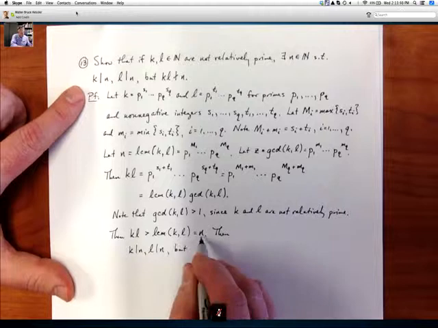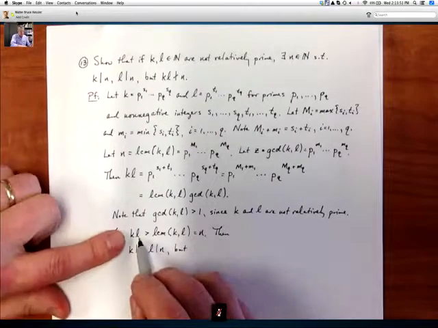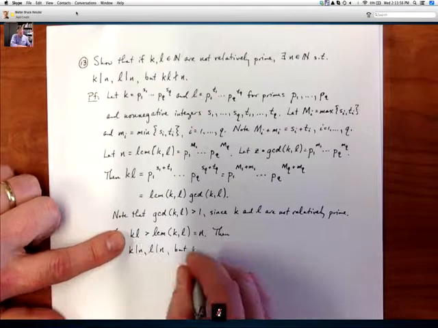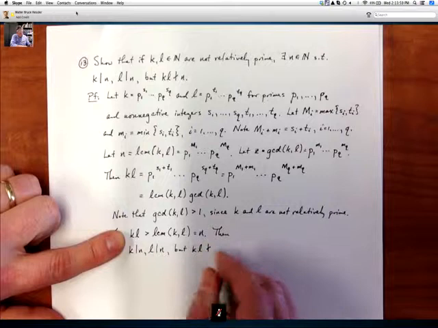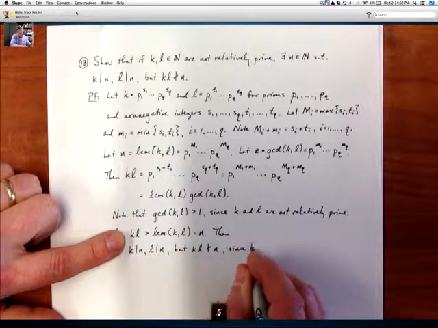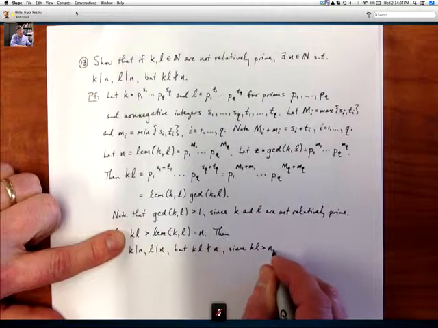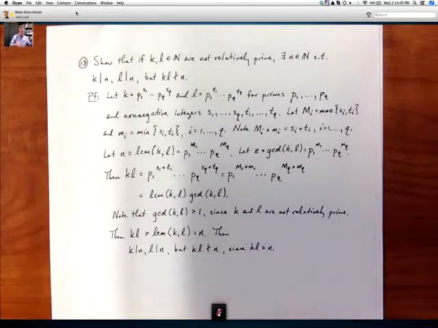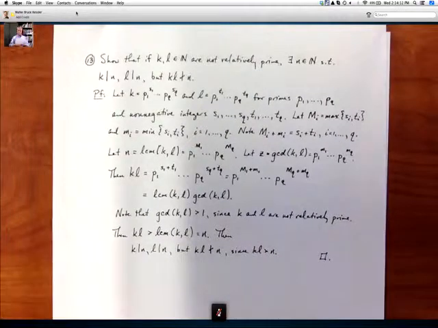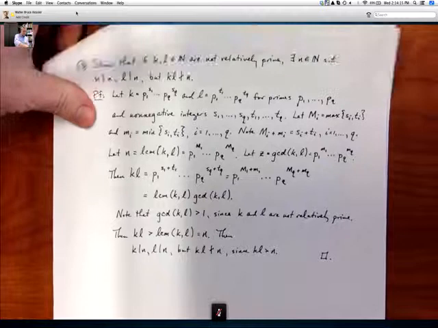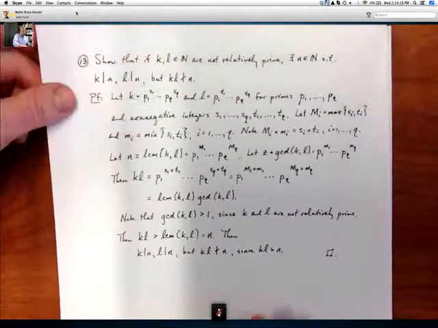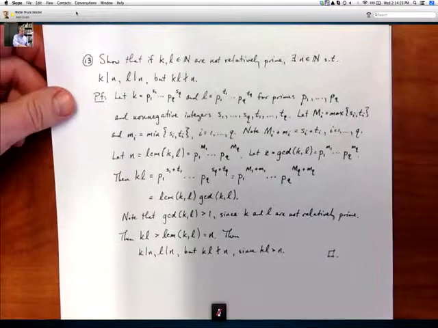But if n is smaller than kl, there's no way on earth kl can divide it, right? So kl does not divide n, since kl is bigger than n. That's it. n is our number. Okay? All right. Not hard to show.